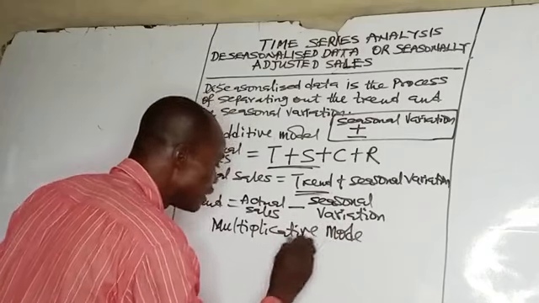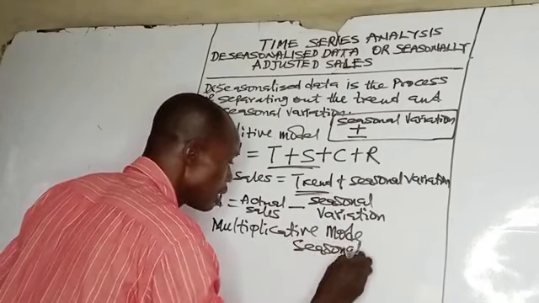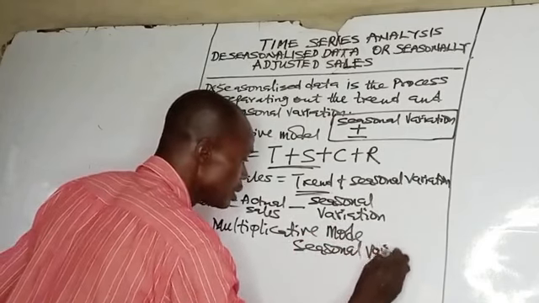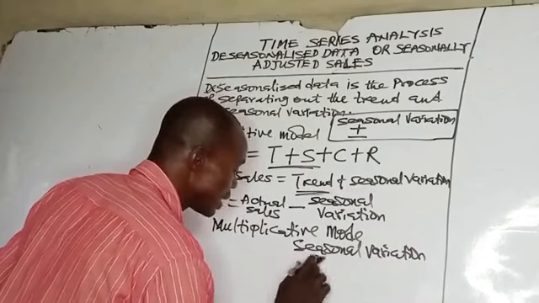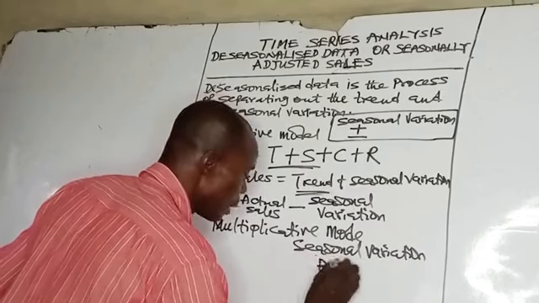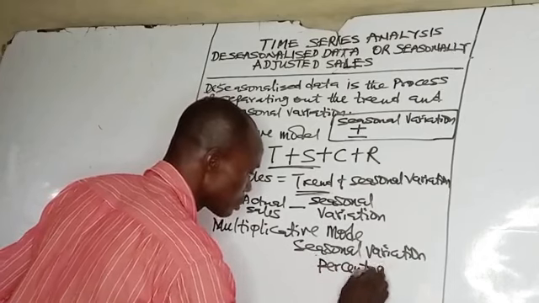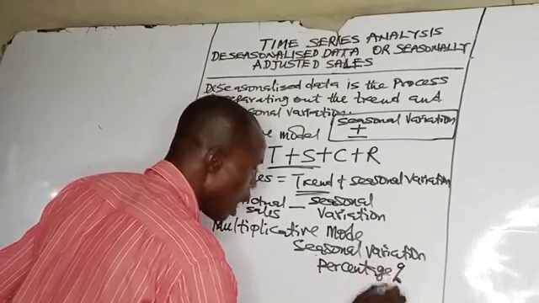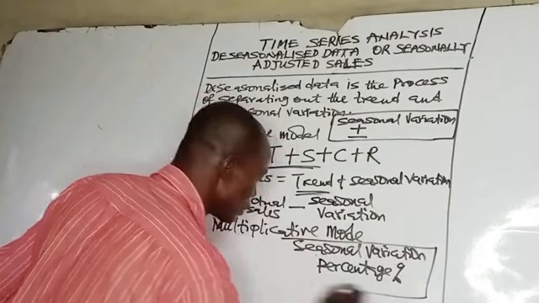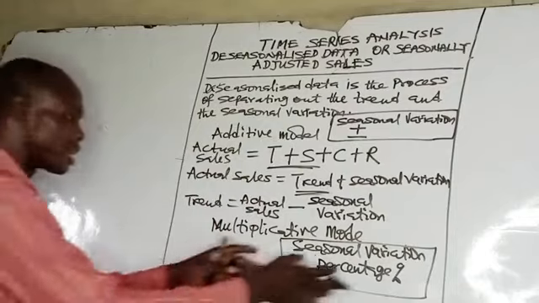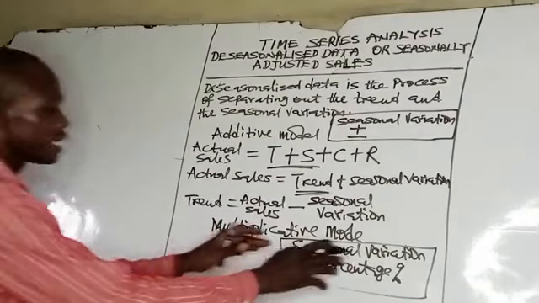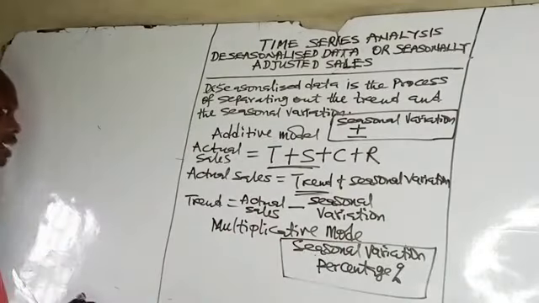That means seasonal variation is in percentage or decimal, such as 0.2, 0.8, and so on. The multiplicative model will be used where seasonal variations are in decimal.